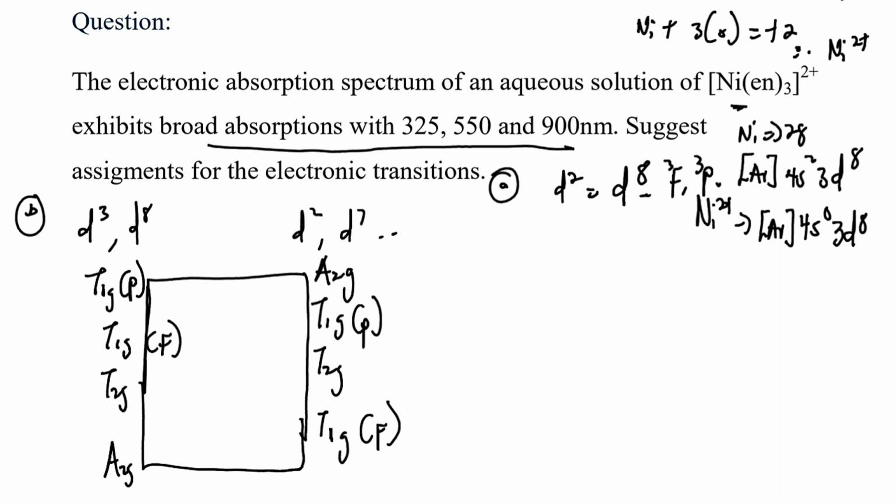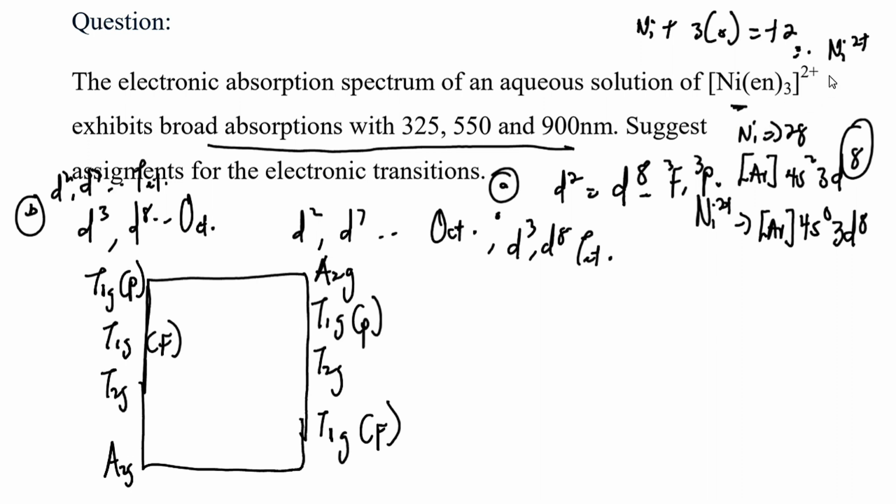Now looking at this, D8 octahedral and D2 octahedral fall on one side, and D3, D8 tetrahedral on the other. For this side we have D2, D7 tetrahedral and octahedral. Basically this complex is octahedral and it's D8, so D8 octahedral falls on this side.